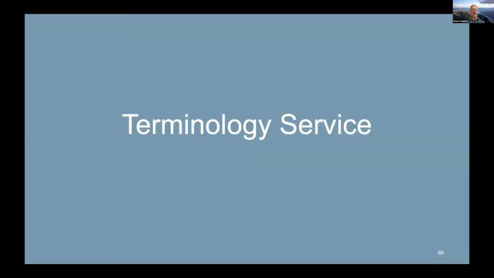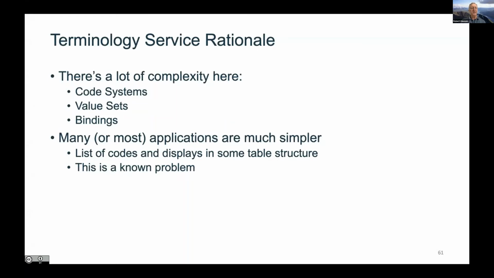All right, so now for the last bit of this, I want to talk in more detail about the terminology service itself, and operations, and some things. The rationale for terminology services is that there's a lot of complexity. You've seen a lot of this. We flew through the first part and showed some of the searching.